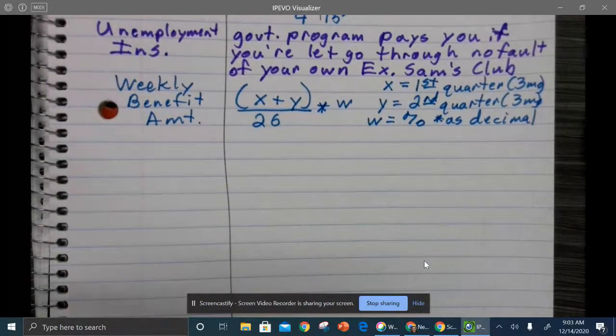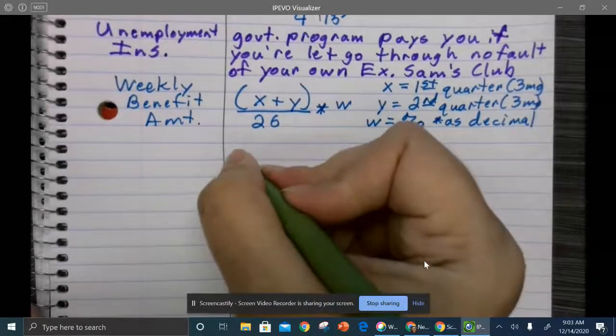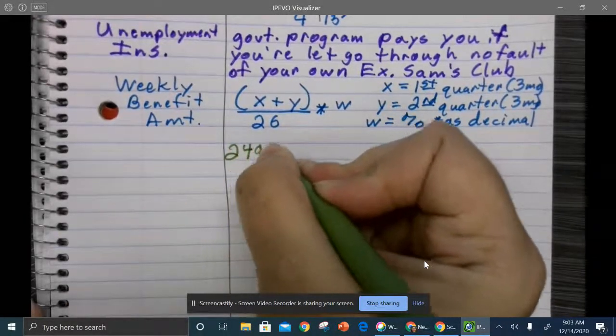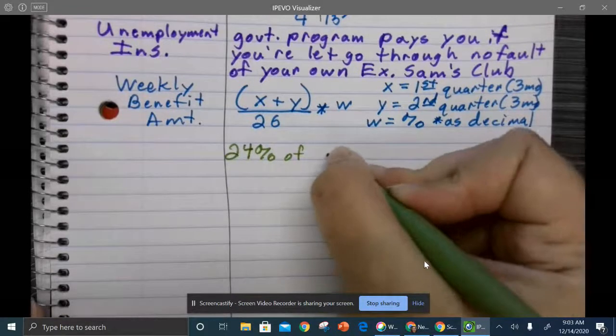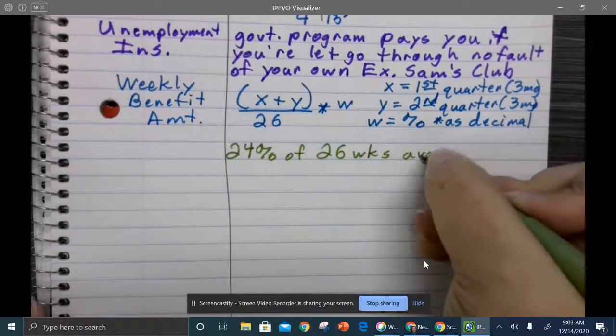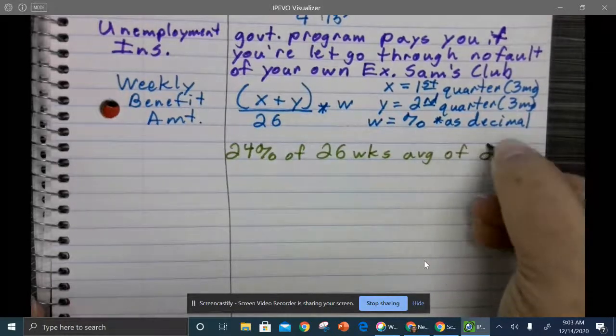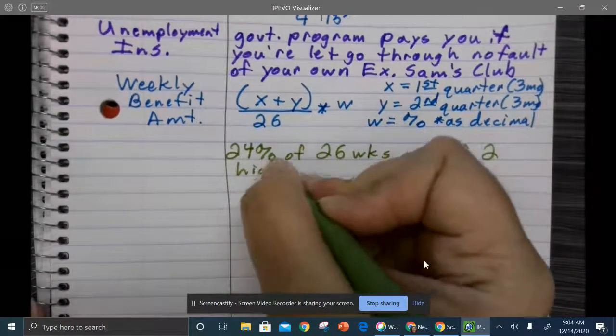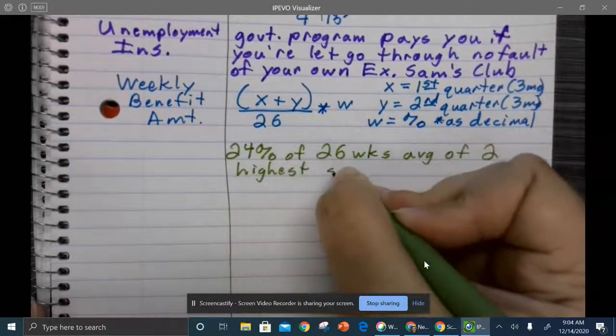So let's say you're 24% of the 26 weeks average of your 2 highest salaried quarters.